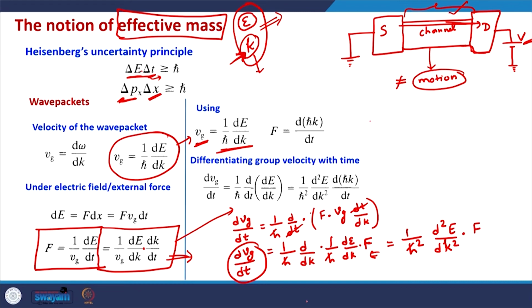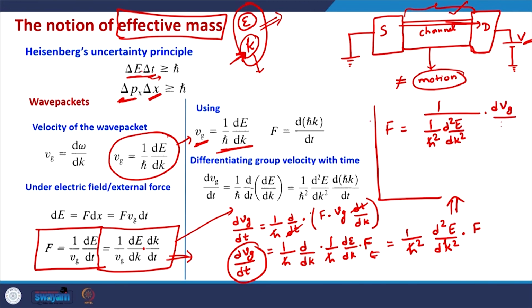So, from here we can write force is equal to 1 by h bar square d2E by dk square times dVg by dt.